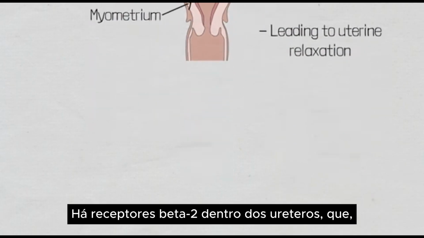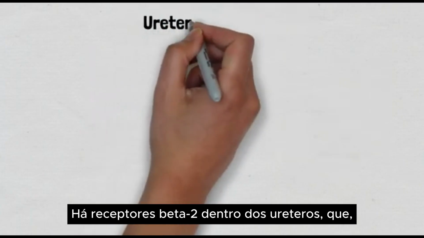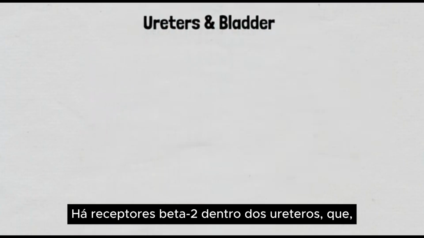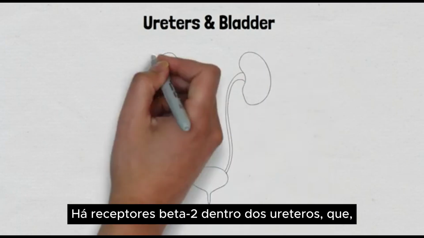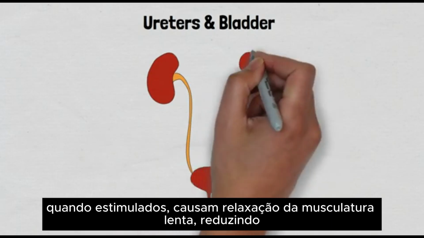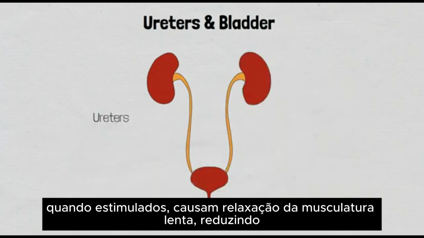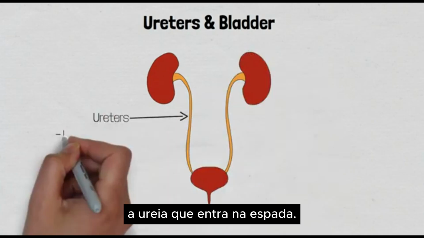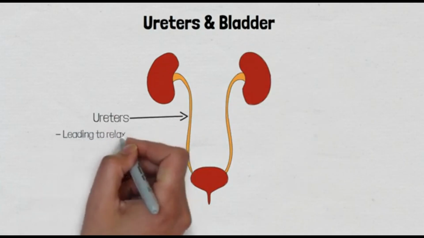There are beta-2 receptors within the ureters, and when stimulated, cause relaxation of the smooth muscle, thus reducing urine entering the bladder.